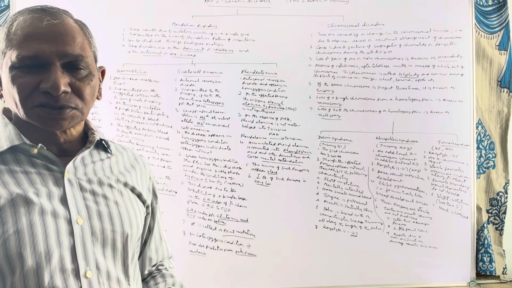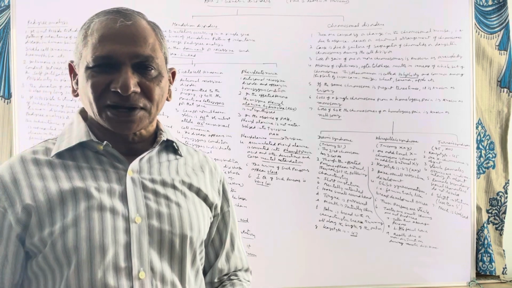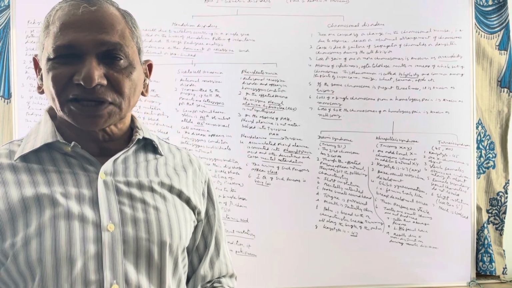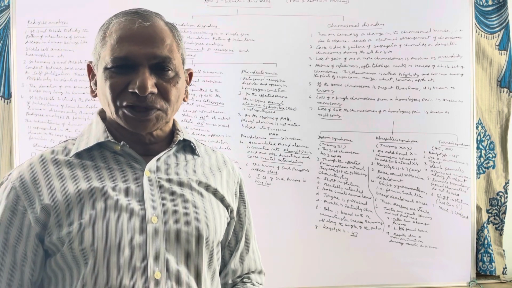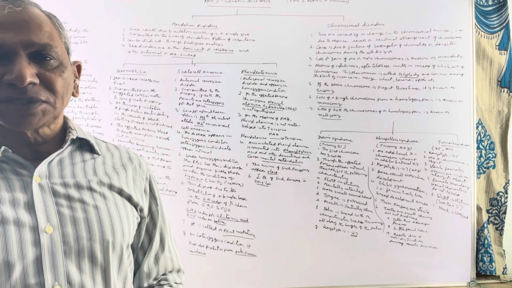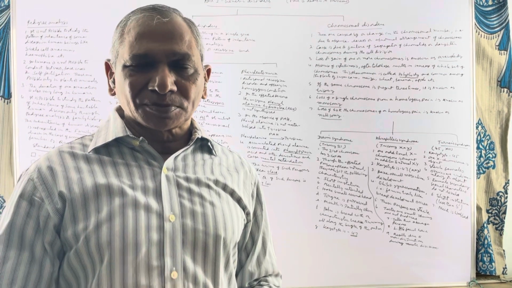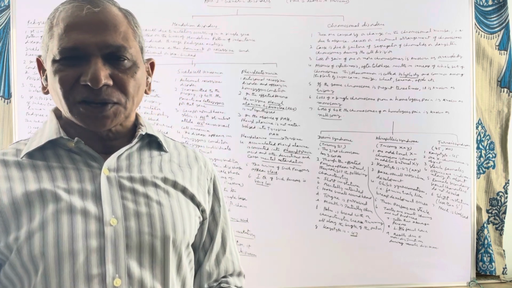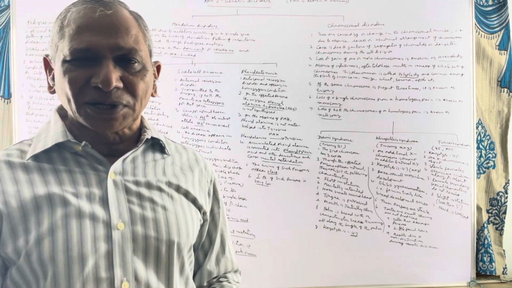What happens? In heterozygous state, there is no problem. The persons appear normal. But in homozygous state, what happens? Under conditions of hypoxia, that means under low oxygen tension, the RBC lose their disc shape and acquire sickle shape. If the RBC are in a disc shape, they can travel easily through blood capillaries.